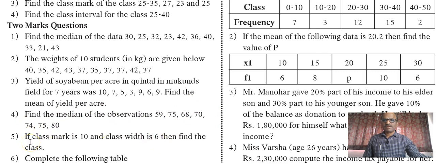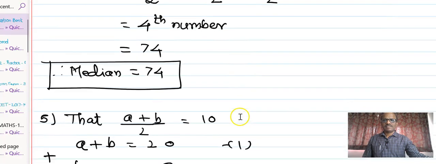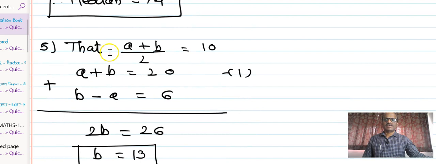If the class mark is 10 and the class width is 6, find the class. See the question: A is the lower limit and B is the upper limit. Class mark means lower limit plus upper limit divided by 2, that is equal to 10.